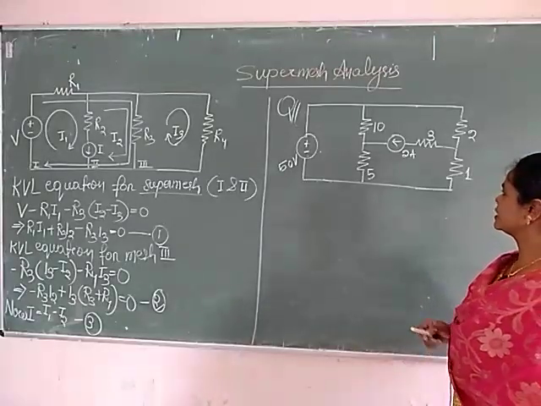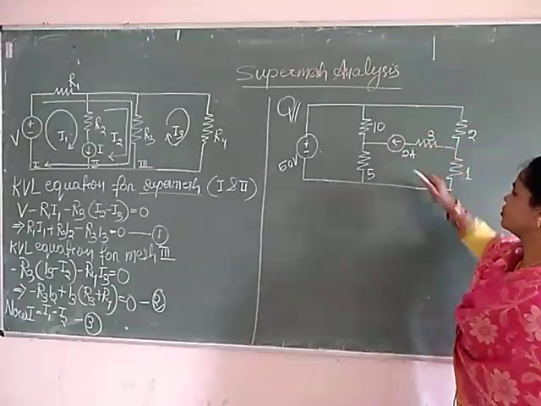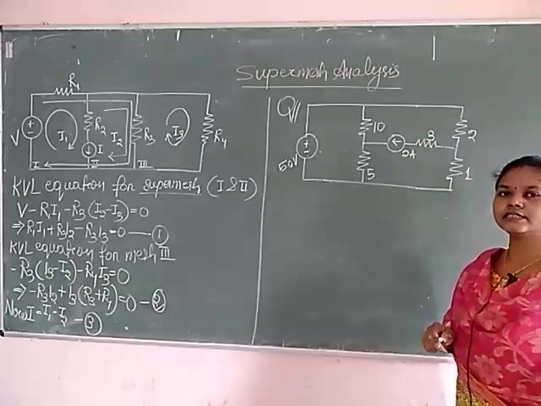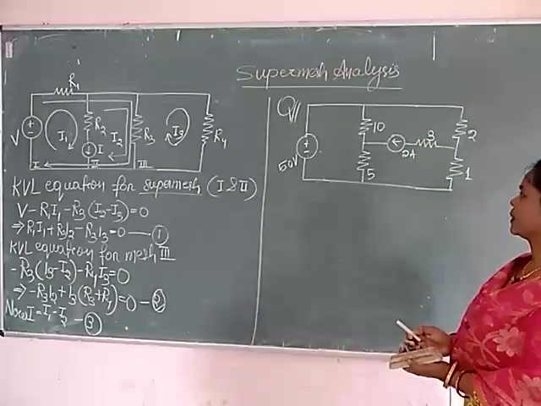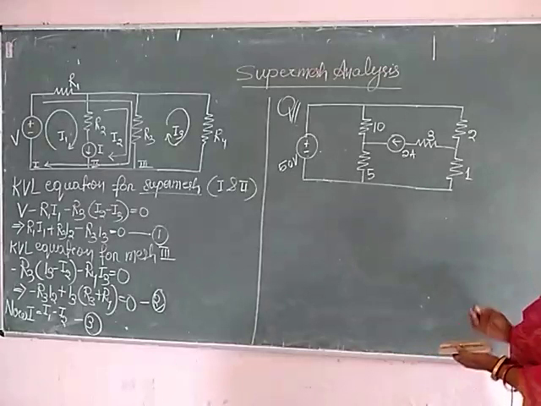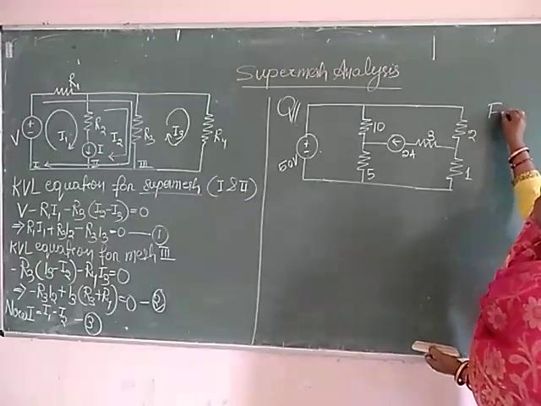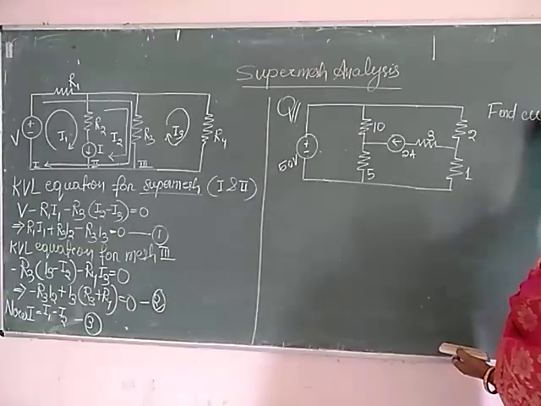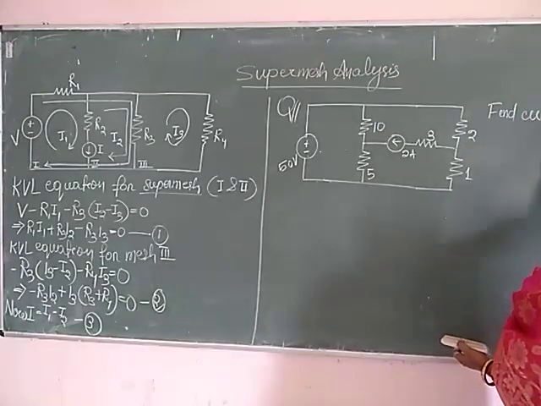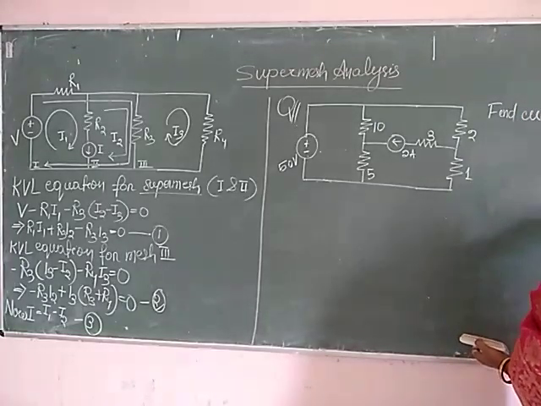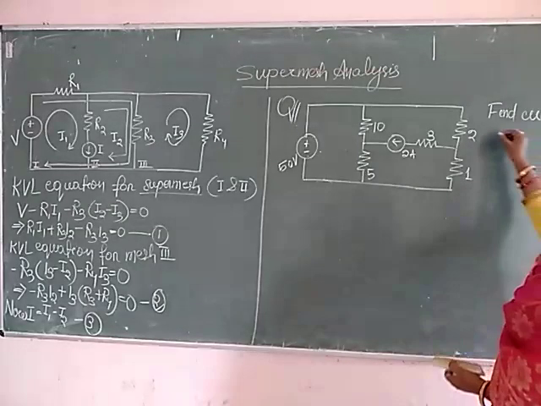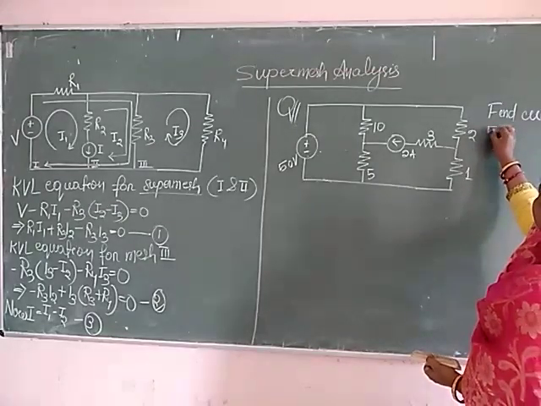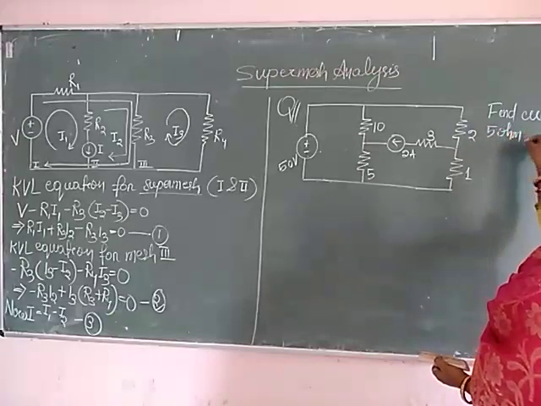Hence it is very clear that these two meshes are called as super mesh. Here the question is to find the current through the ohm resistor.